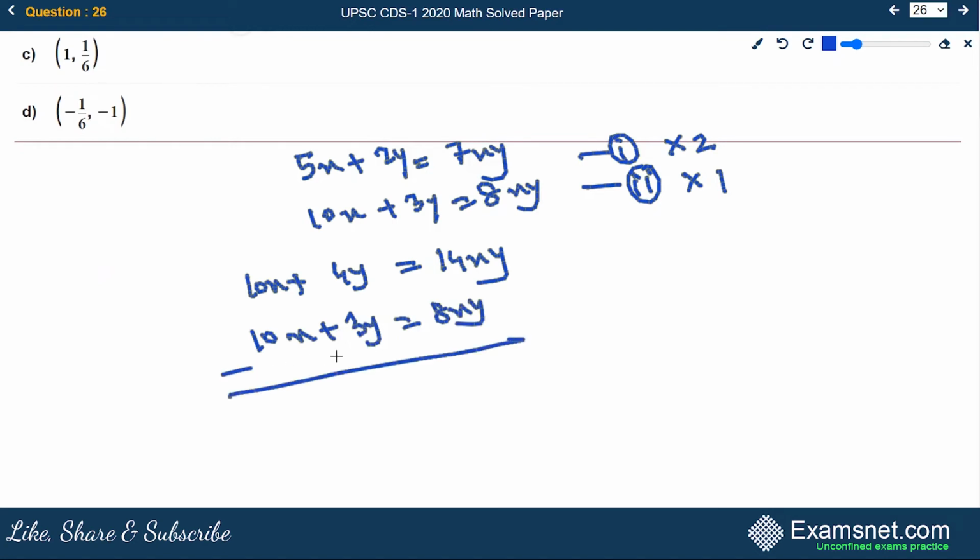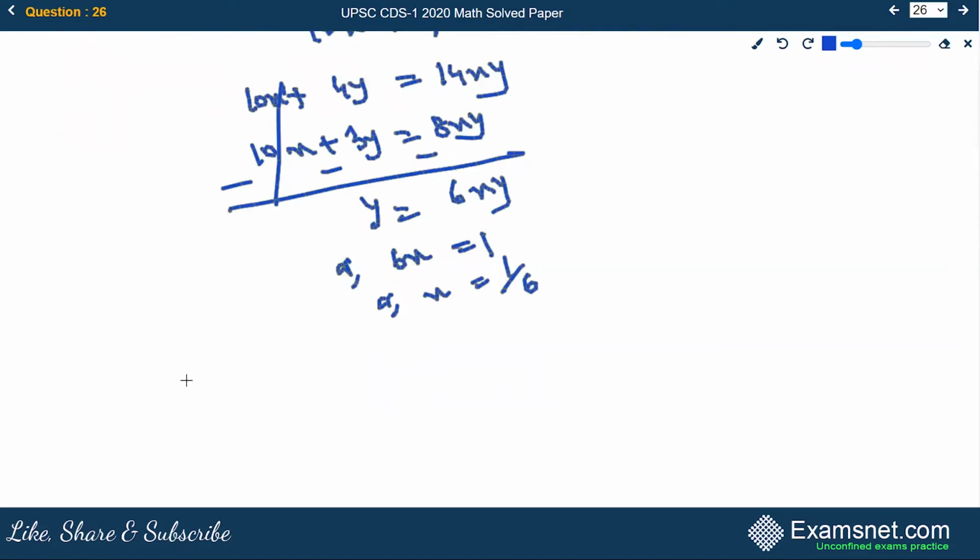Now let's subtract. We will get y equals 6xy, so 6x equals 1, x equals 1 by 6. Now put x equals 1 by 6 in equation 1. We will get 5 by 6 plus 2y equals 7y by 6.